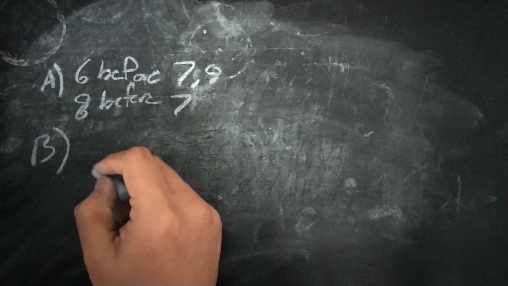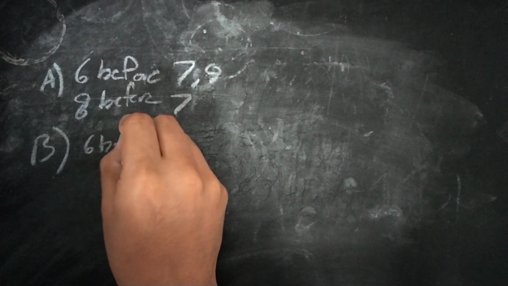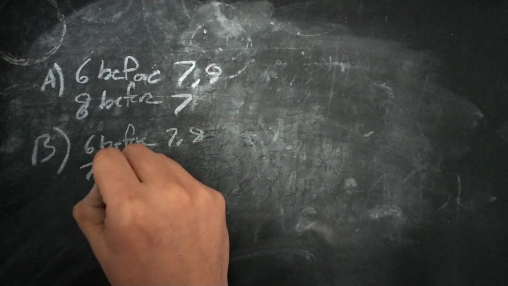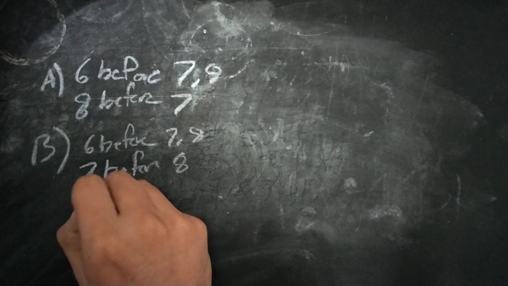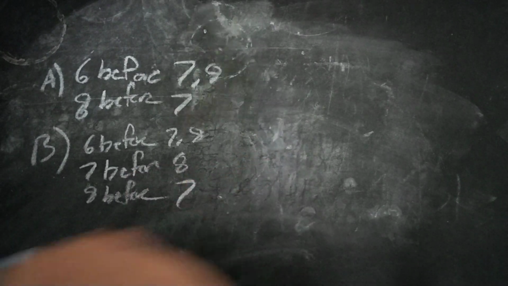And so for B, it's getting a 6 before a 7 and an 8. Then you roll a 7 before you roll your 8, and then an 8 before another 7 dice roll.